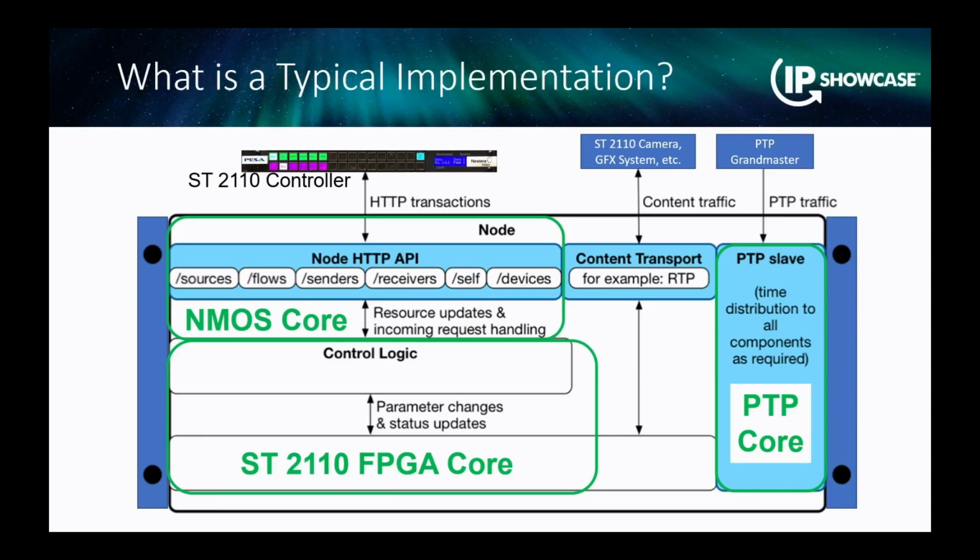All those things would come in through all these node APIs, all these /sources /senders /receivers. That references the previous slide. This is how we tell it to do it. And then that activates the device, which is in the upper right. A camera or a graphics system or something might be sending content in or out. That allows the content to come into the FPGA and do the processing.